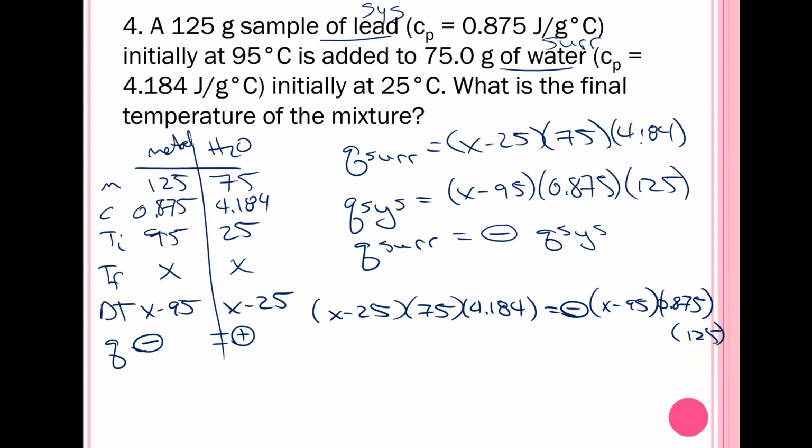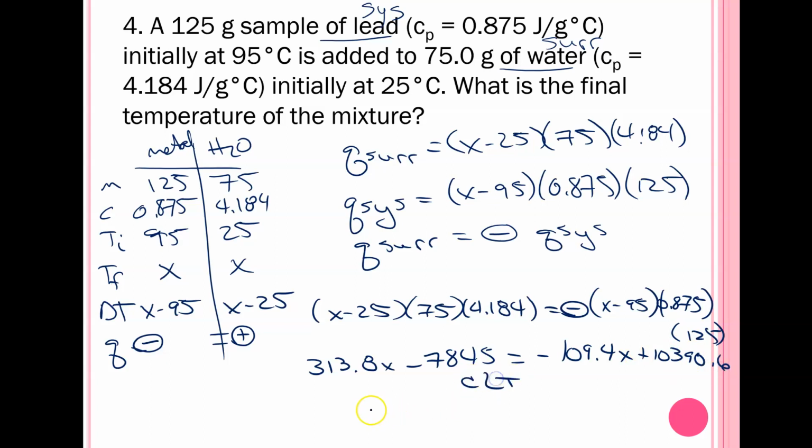So if I rearrange it and I distribute, on this side I get 313.8x minus 7845 equals negative 109.4x, because that negative carries through, plus 10390.6. I'm going to combine like terms, do some algebra. I end up with X is 43.1 degrees C.